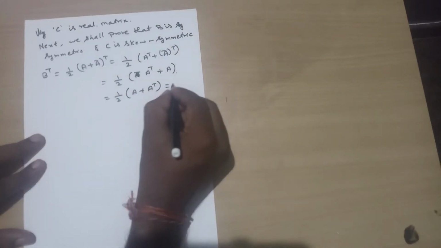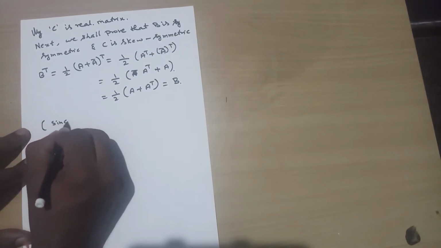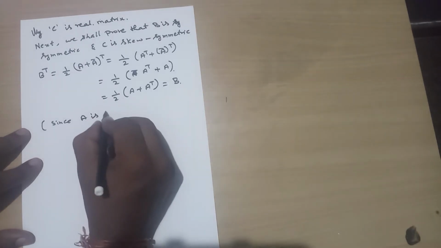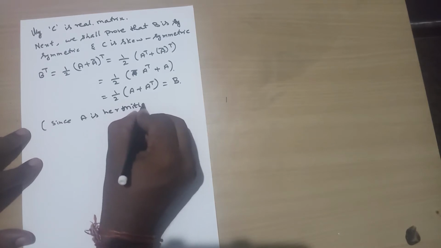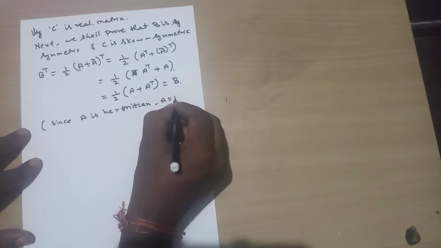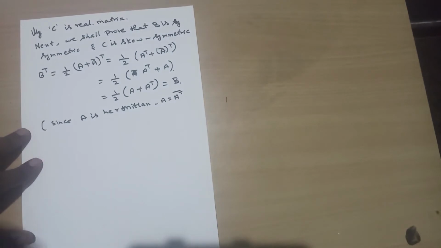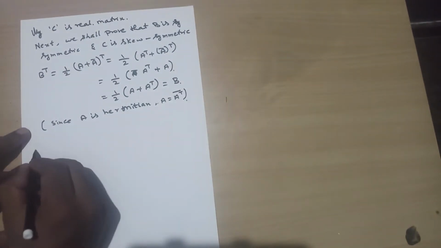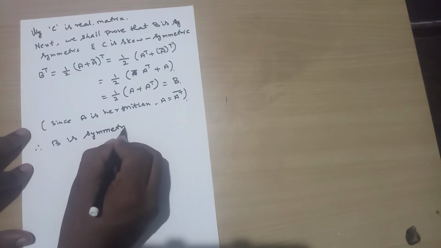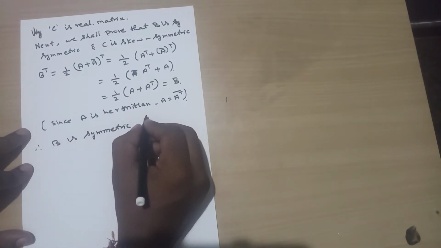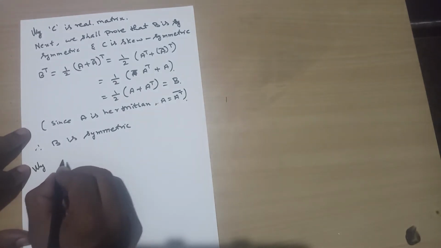So this is nothing but B, since A is Hermitian, A equals A conjugate transpose. Okay, so therefore B is symmetric.